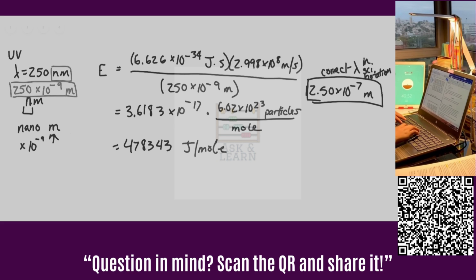Again, we need to think about kilojoules and our number of sig figs. When you add those all together, what you end up getting is 478 kilojoules per mole. So this is the energy of UV.